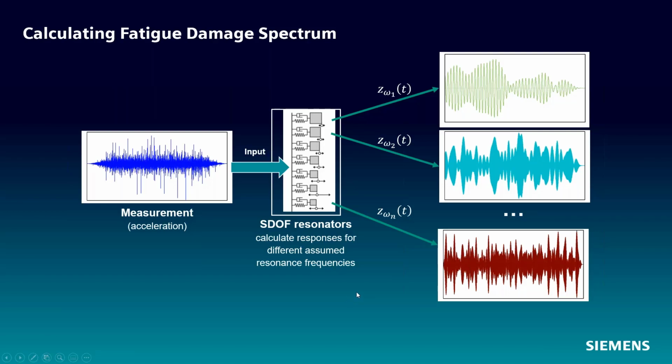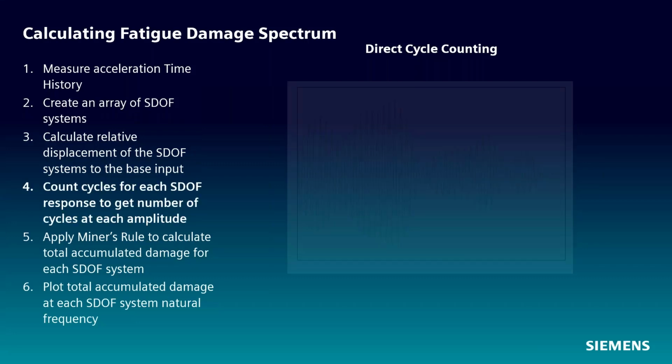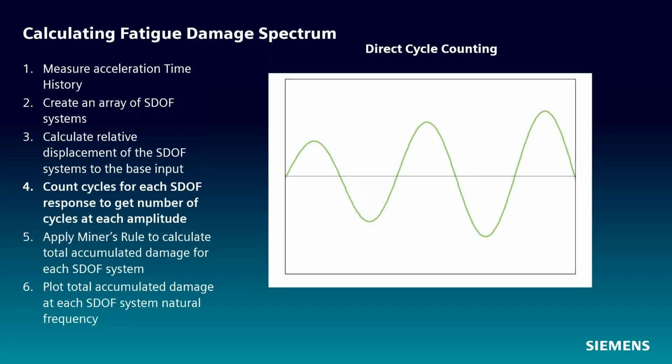Our next step, as we mentioned, is starting to count the number of cycles. So what does that look like? Well, let's zoom in a little bit here and start counting cycles. So here's a portion of that curve, and this is a method called range pair, or a direct cycle counting method.